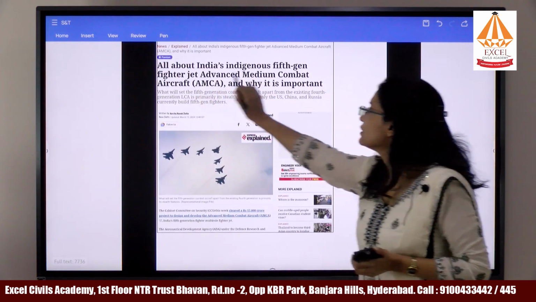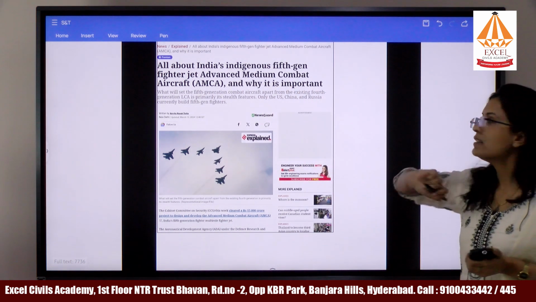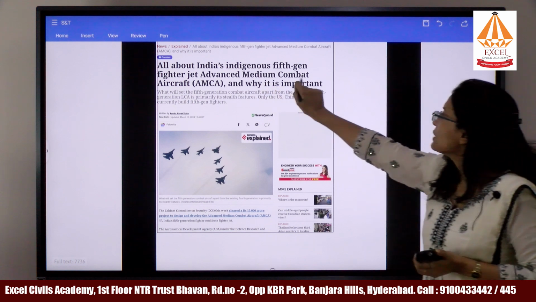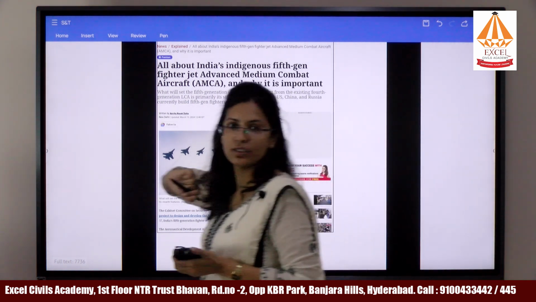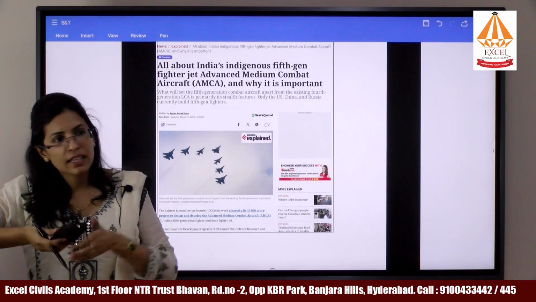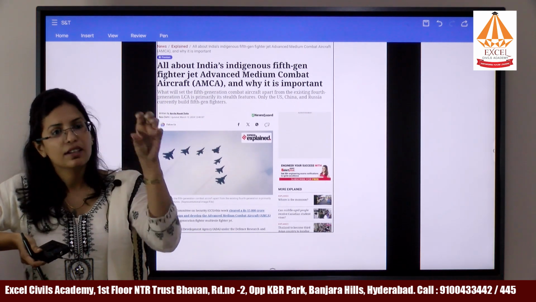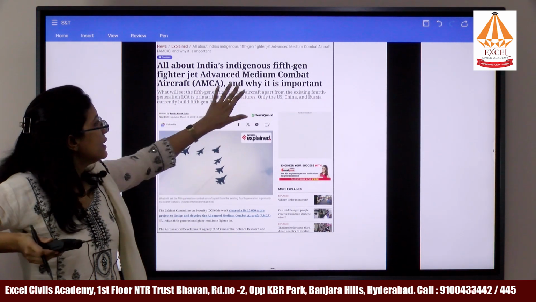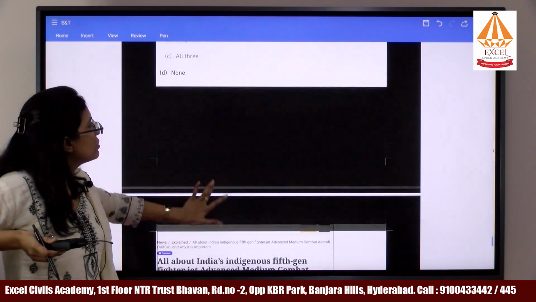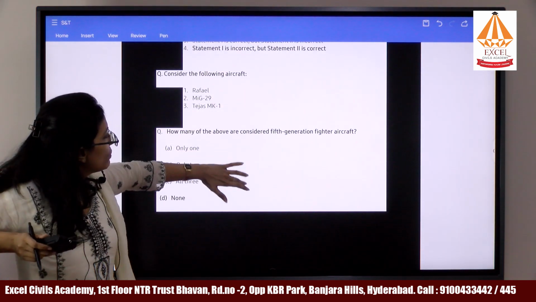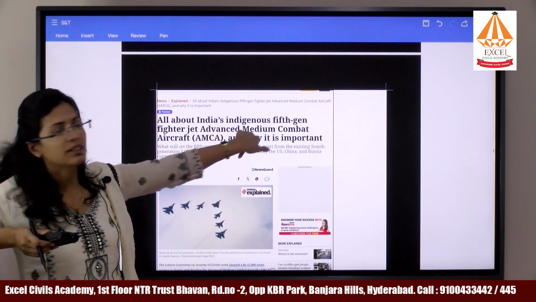This was the news all about India's indigenous 5th generation fighter jet, the Advanced Medium Combat Aircraft. So even a brief understanding, if you read something, can be used by you for elimination of options. Now you know that it is not there in India.